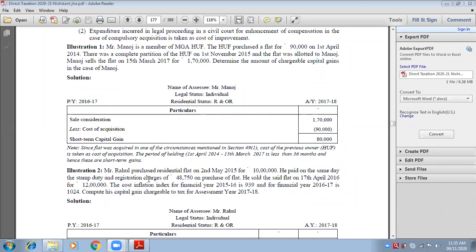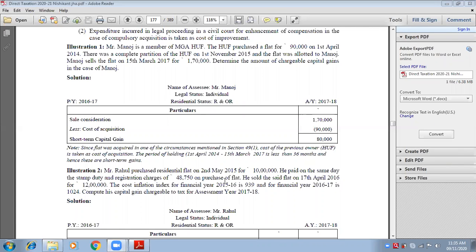Transfer means selling. These expenses were not incurred at the time of selling; they were incurred at the time of purchase. So it is not transfer expenses. It is included in the cost of acquisition, because the registration and stamp duty were paid while purchasing the property.